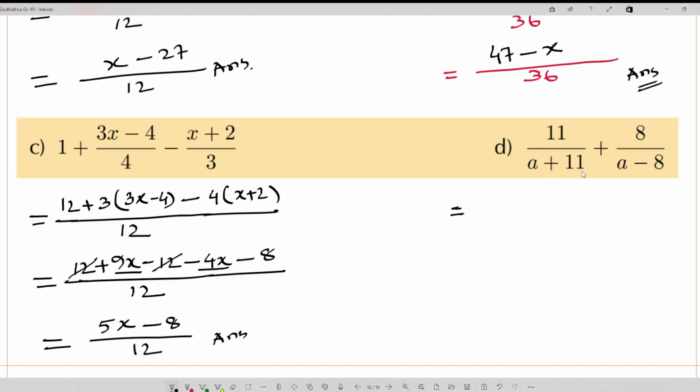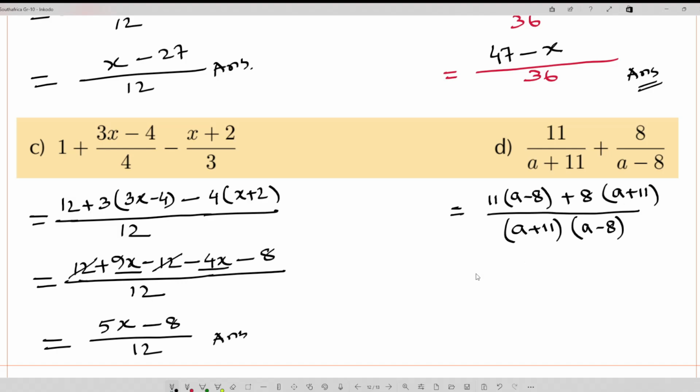Number D. 11 over (a plus 11) plus 8 over (a minus 8). Similar thing, here is no common factor, so (a plus 11) times (a minus 8). So 11 times (a minus 8) plus 8 times (a plus 11).